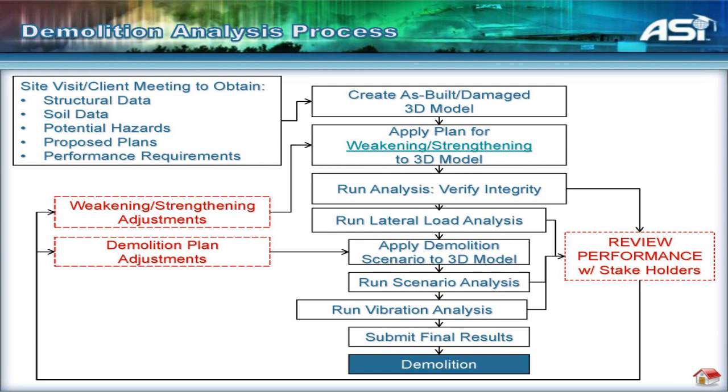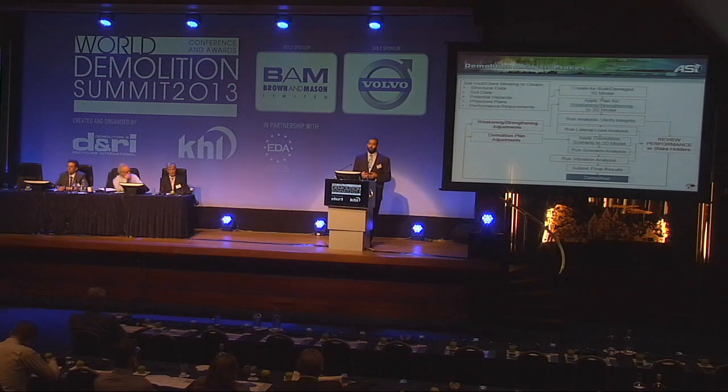We can have soil data if possible. We identify all the potential hazards with all the stakeholders, the proposed plans by the contractor, any performance requirement that the contractor or the client is worried about, and we take as much as possible of that, depending on what we have. And we can put that into a three-dimensional model.